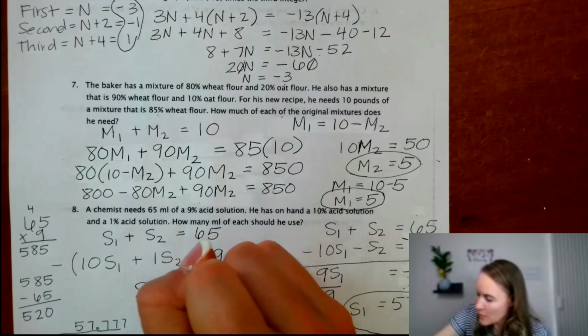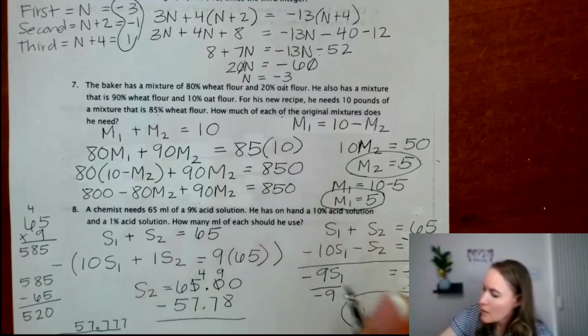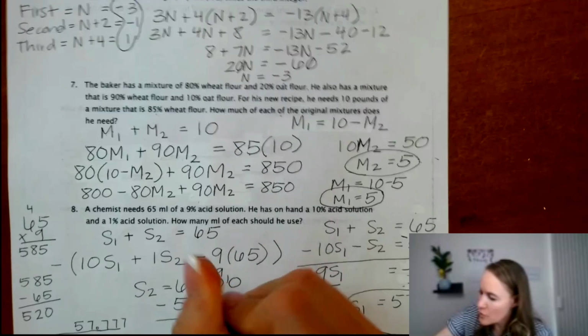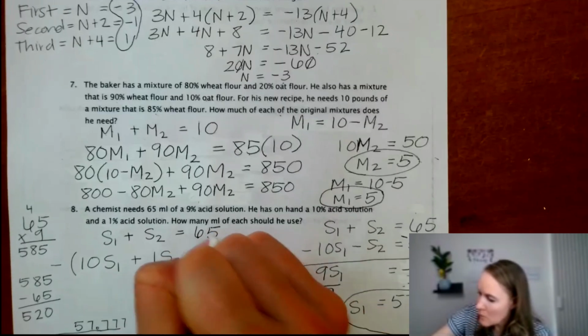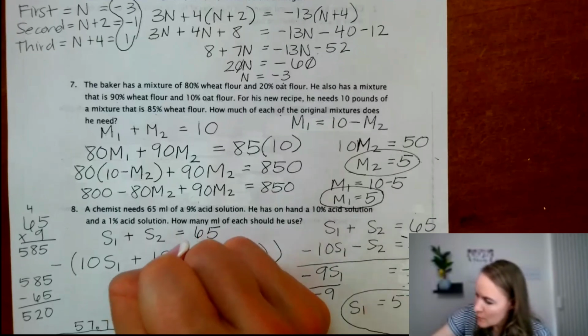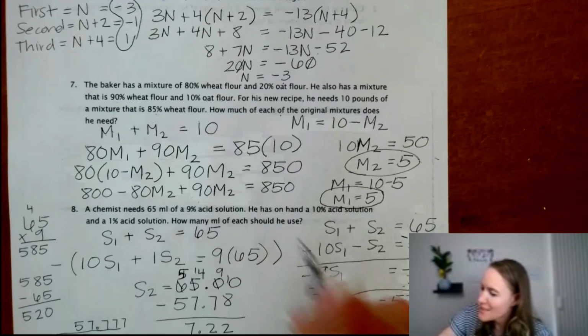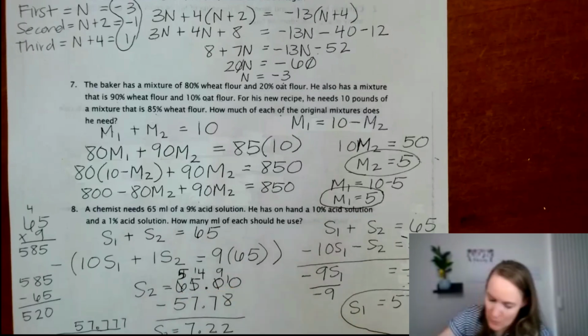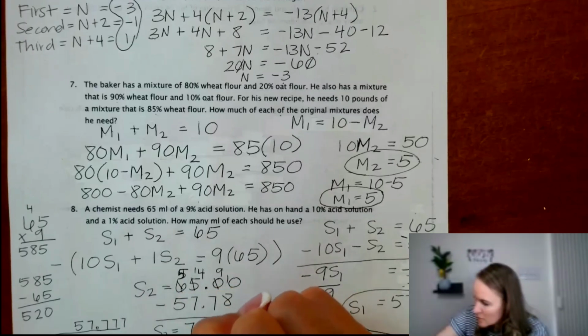But I have to borrow a bunch. And that gives me 7.2. Oh, I don't know why I wrote 4 there. I meant to write 5. All right, so solution 2 is going to be 7.22 milliliters.